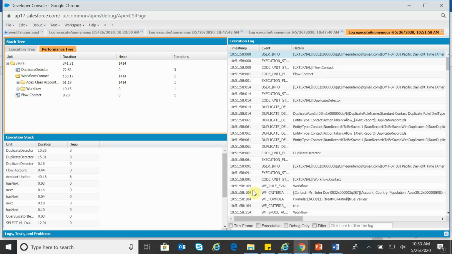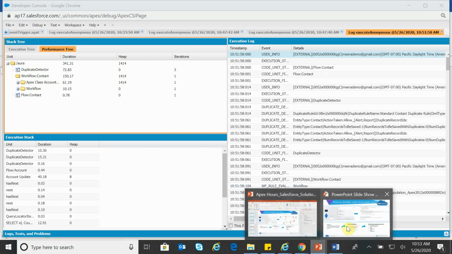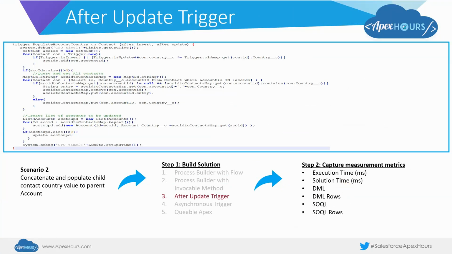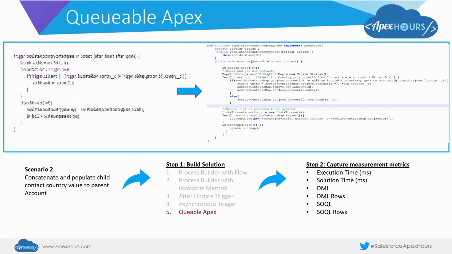Cool. Now let us see the third option. It is after update trigger. I'm sure I don't need to explain this. Logic is almost the same as what we have seen in the invocable Apex. It's just iterating over all the contacts under that account, getting the country code values, concatenating and populating back to account.